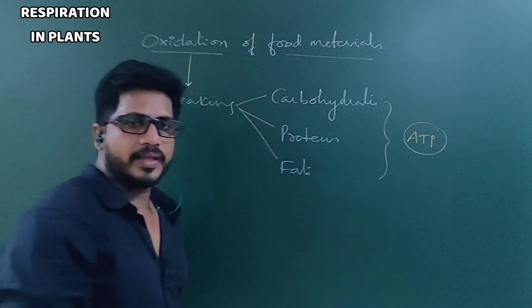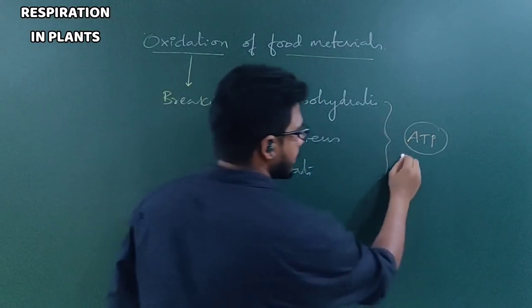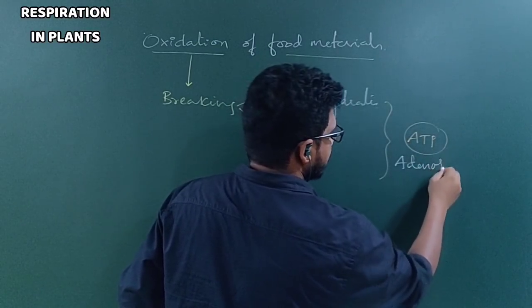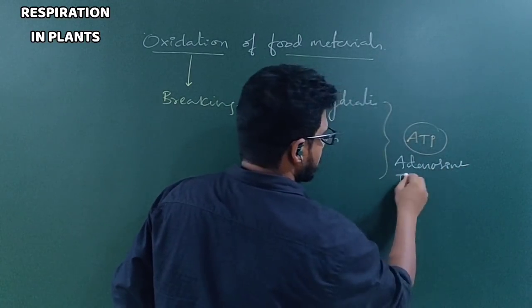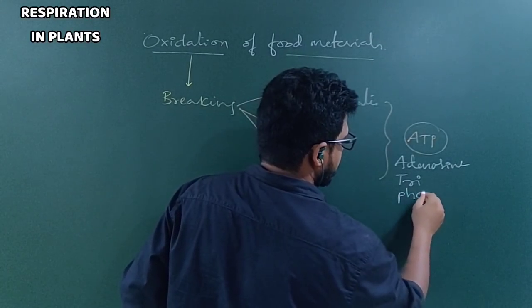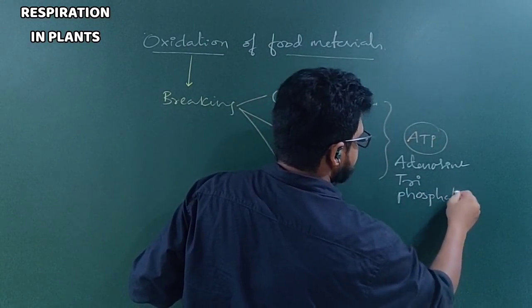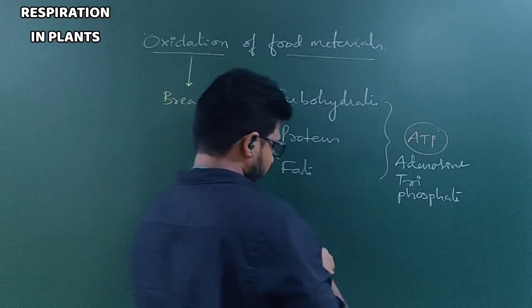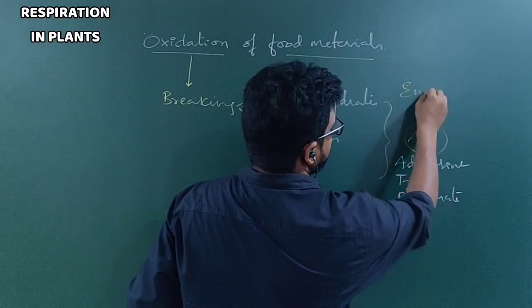What is ATP? Adenosine triphosphate. Tri means 3 in number, and phosphate. ATP is the energy form of organisms.